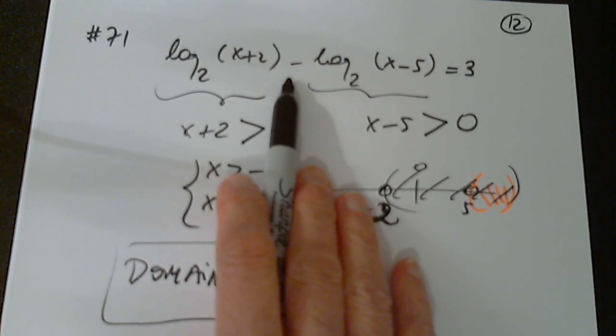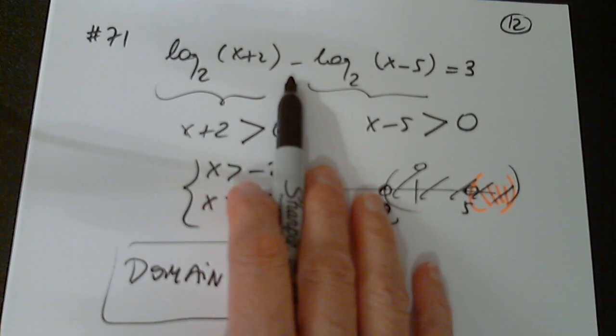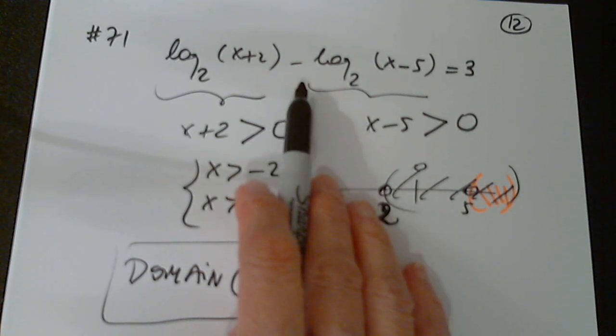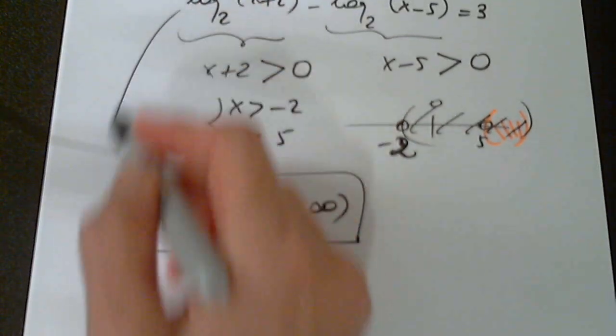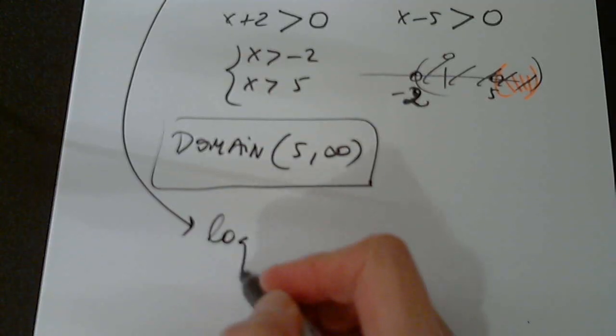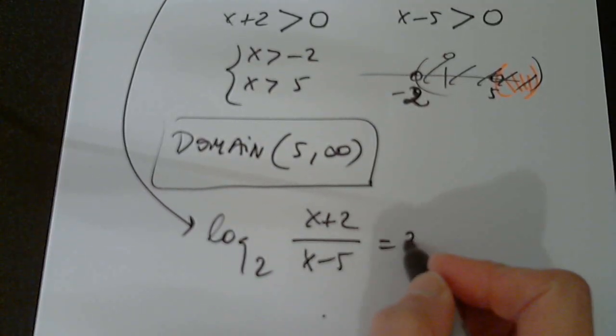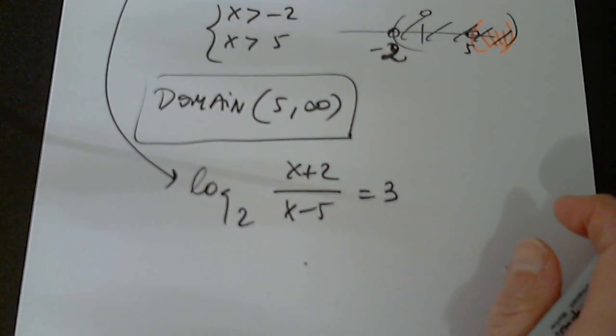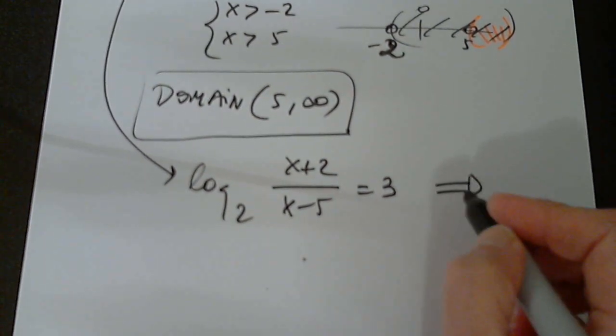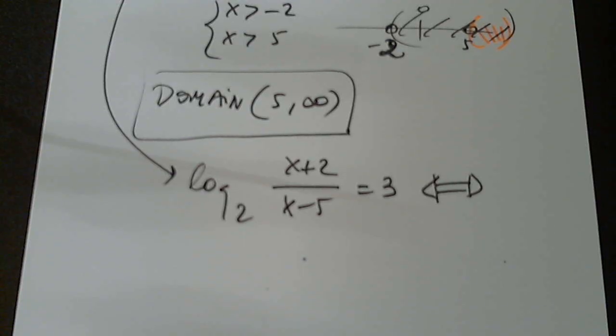So I have to condense. That's why we condensed about an hour ago. So this is the same as log base 2 of (x + 2) over (x - 5) equals 3. Now this can be converted into an exponential equation. Can anyone help with converting this into an exponential equation?